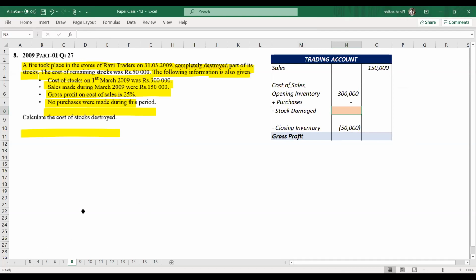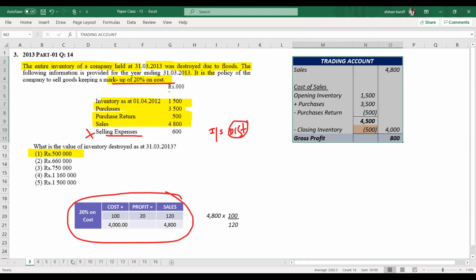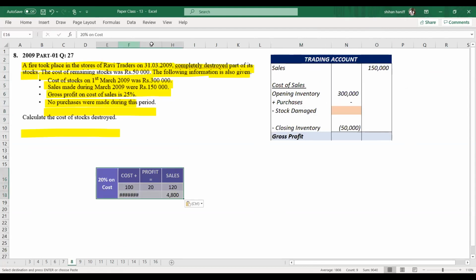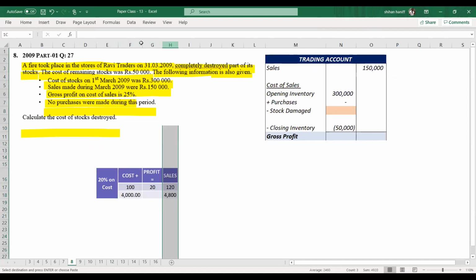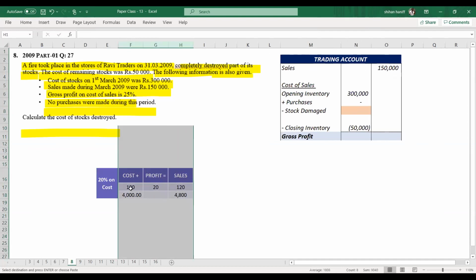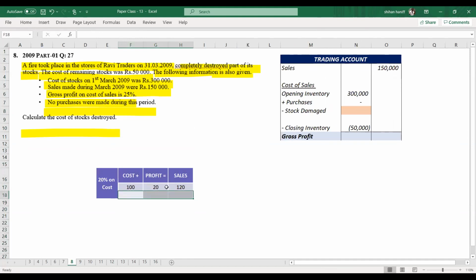Gross profit margin is given, so we use the same equation. 25% on cost means cost is 100, profit is 25. Sales is 125 on cost of sales.